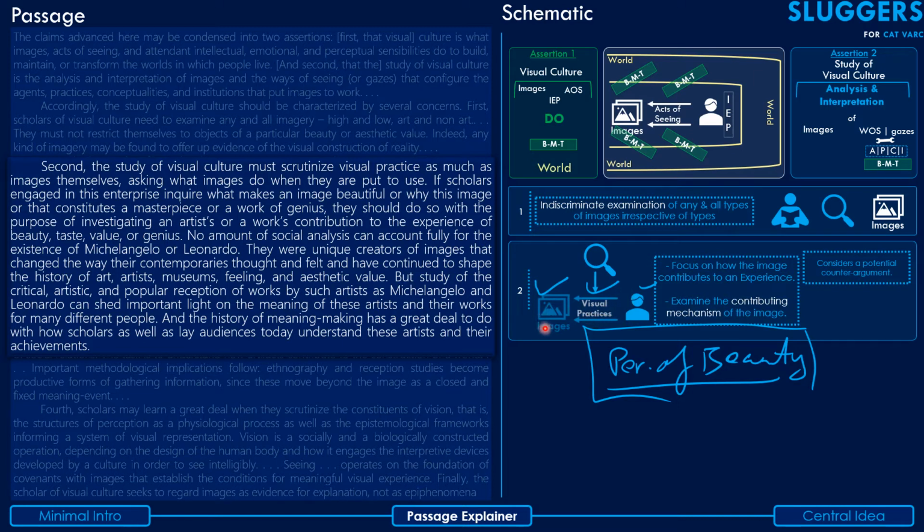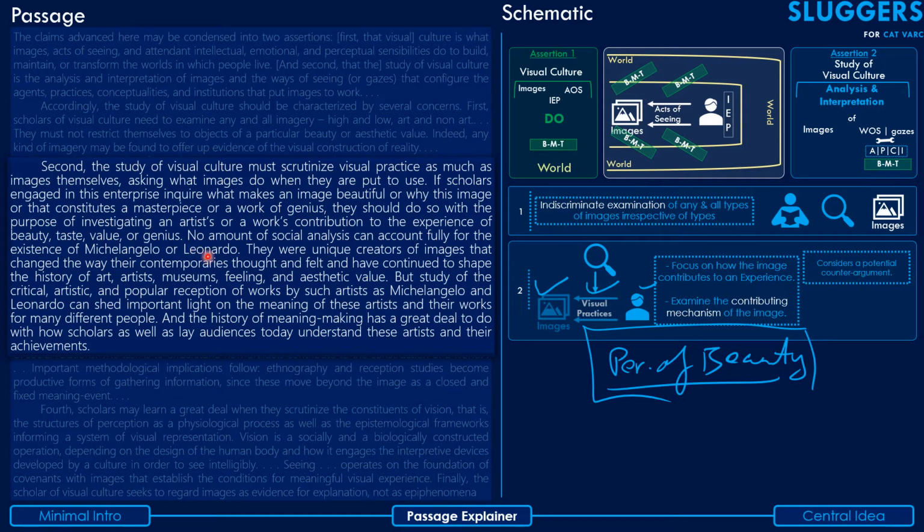Or are you trying to attribute lesser value to their work itself and more value to the social aspect, the mechanism of perceiving those images to be beautiful? Is that the case? That's the potential counter argument that the author has considered here.